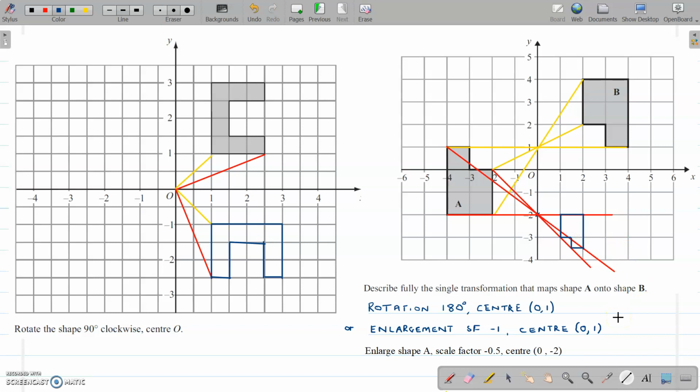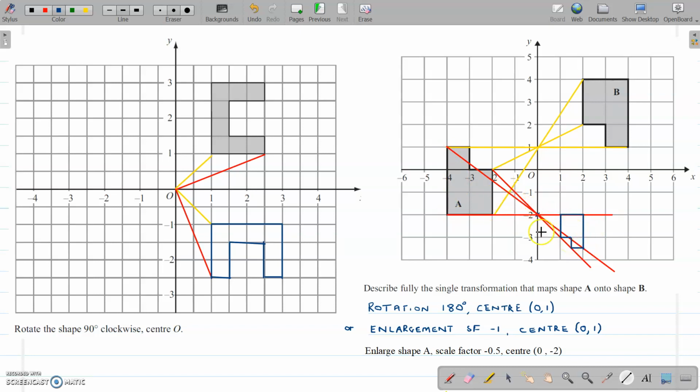And that is actually the enlargement of that one, scale factor negative a half, because it's upside down. Now with these it's better not to do too many of these ray lines and too many of the points. You can usually get away with just doing 2 points on the shape, and that's enough for you to recreate the new shape there.